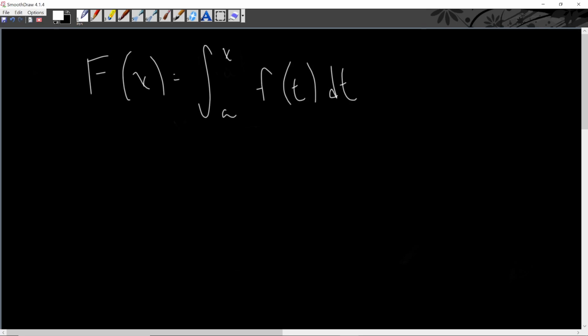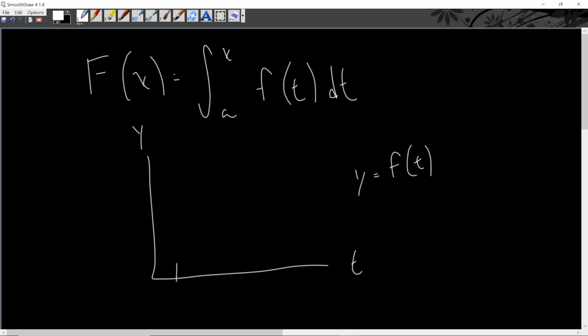In this case, all this is saying is that if we have a function on a y-t plane, where y is a function of t, and we have an a and a b value, let's say that f of t, or y, is going to be continuous on a to b, or actually, this can be closed brackets. A can be included in this.